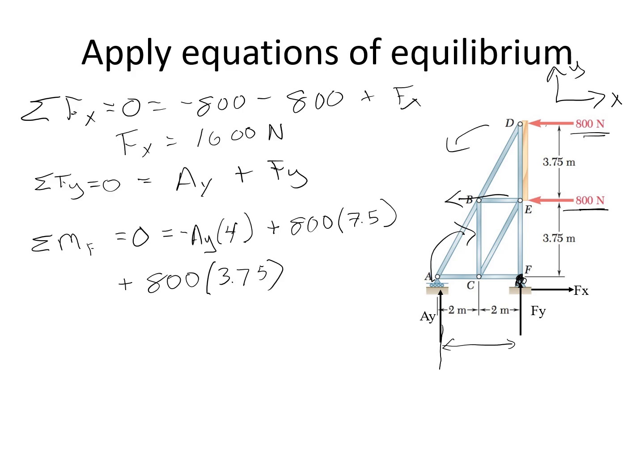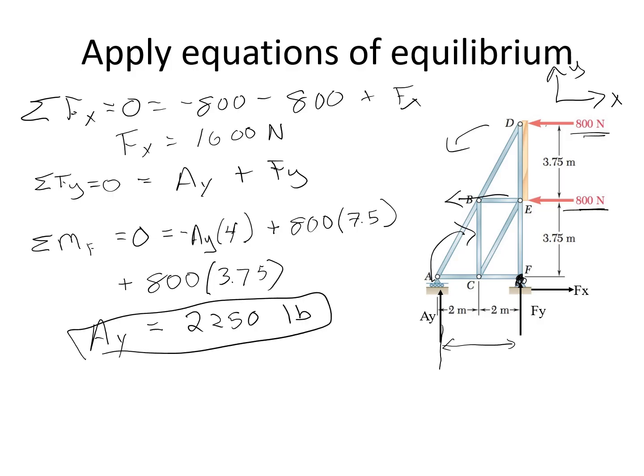And if you solve this equation, you get Ay is equal to 2250 newtons. We can then take this result and plug it back into this equation. So the sum of the forces in the y direction is equal to 0, and that's equal to 2250 plus Fy.